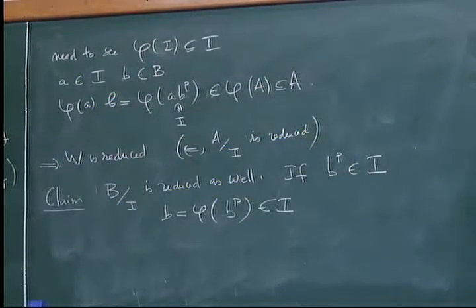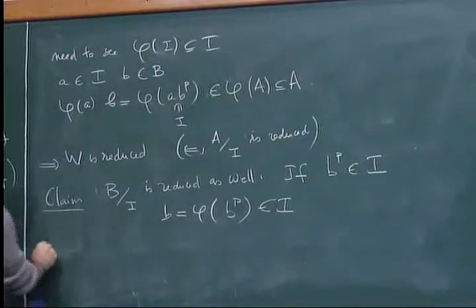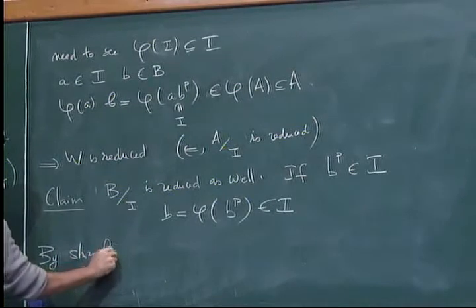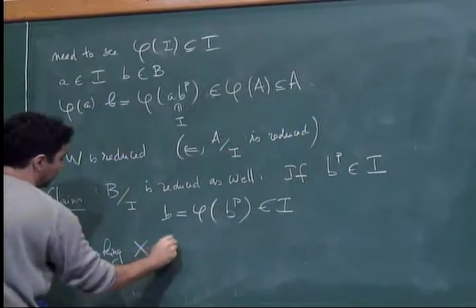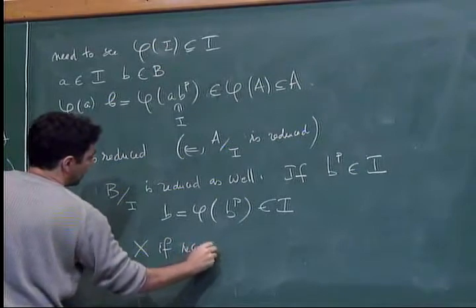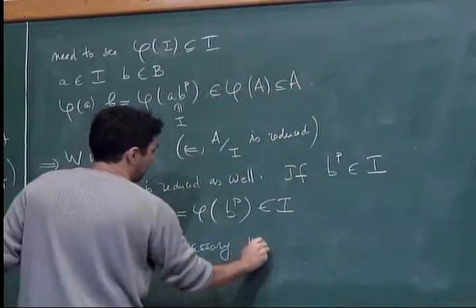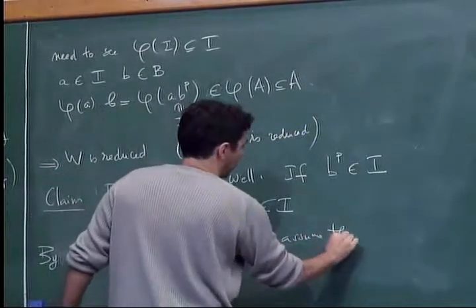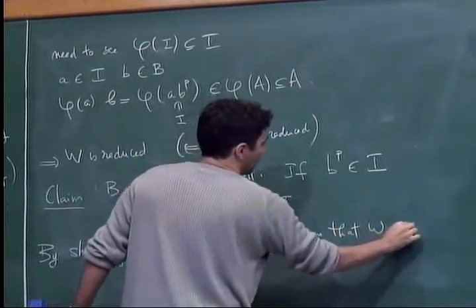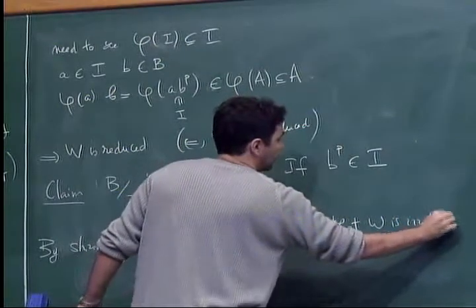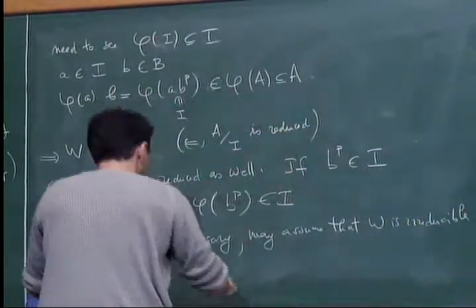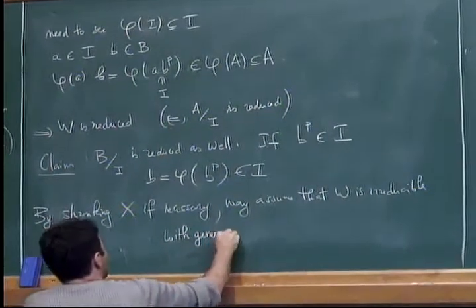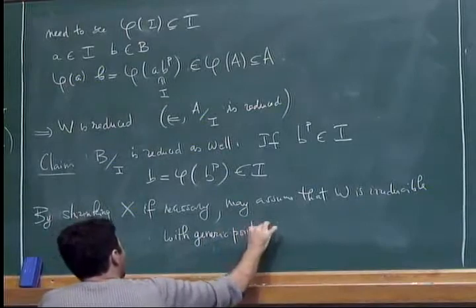By shrinking X if necessary, we may assume that W is irreducible with generic point, say, eta.